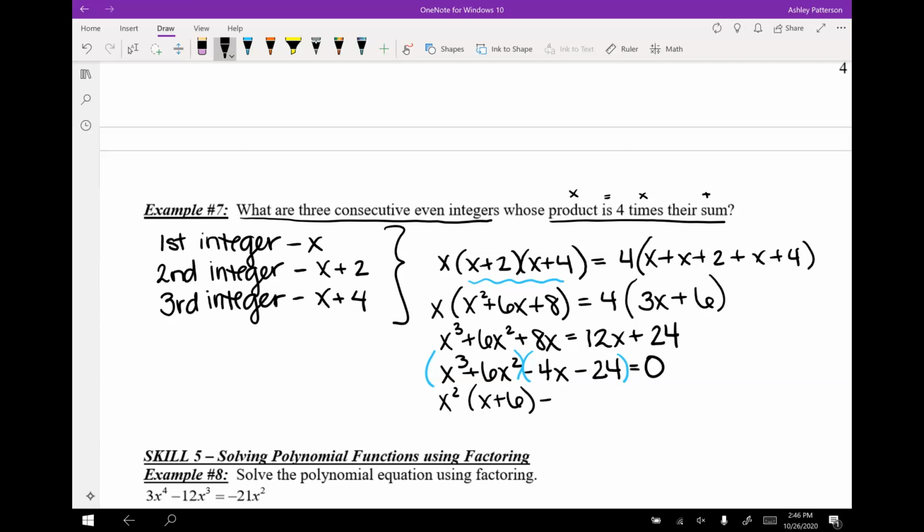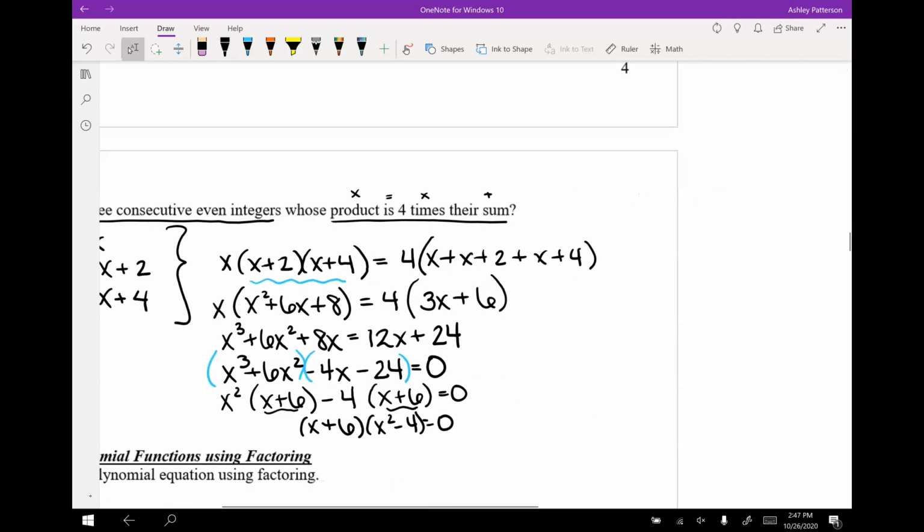And then the second greatest common factor is negative 4. Yes! And we're left with x plus 6. These are the same binomial. So it worked. I can factor that out, and I get x plus 6 times x squared minus 4 is equal to 0.